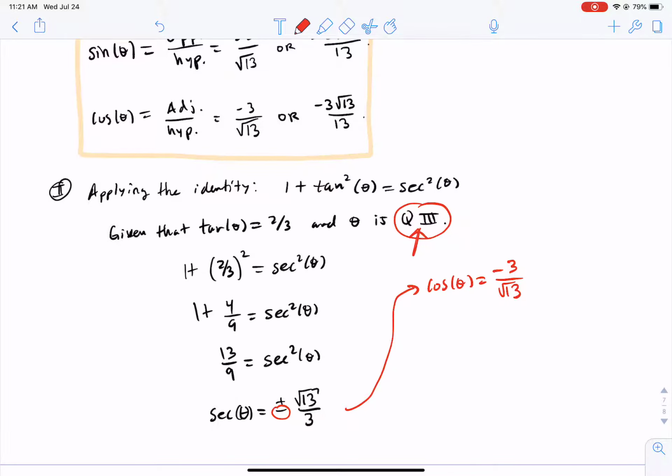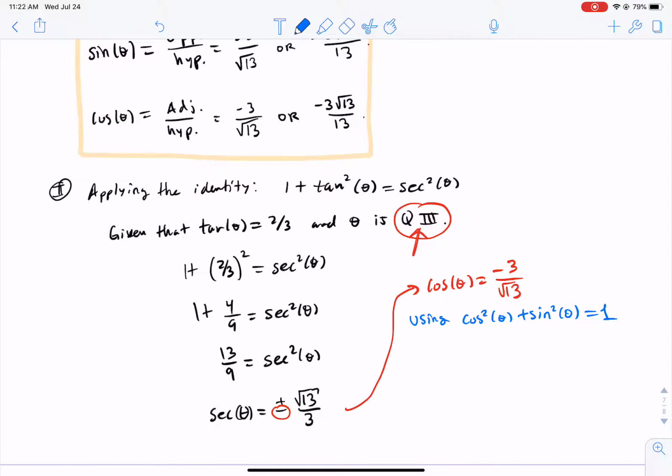How do you know what sine is? You can use the first identity if you wanted to. So using the first identity, cosine squared theta plus sine squared theta add up to 1.